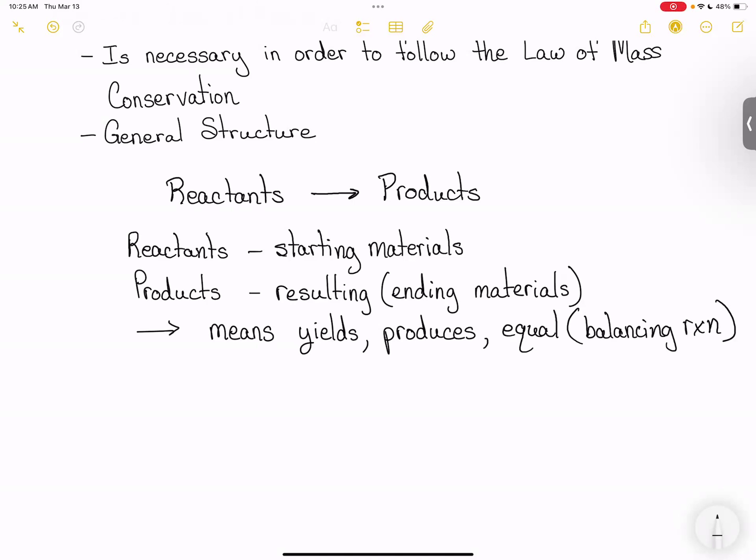By the way, I tend to shorten reaction to RXN. So if you see me write RXN, that's the same as reaction.